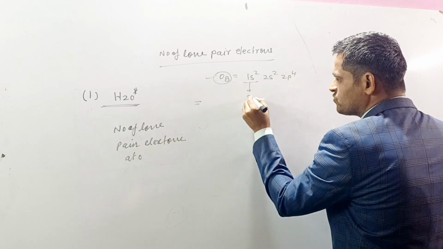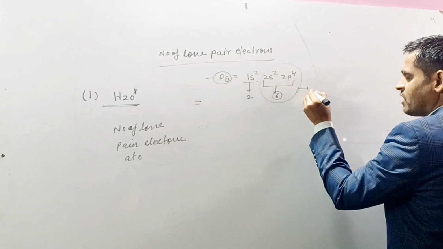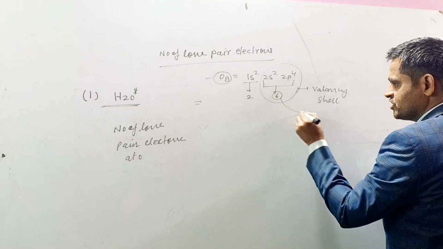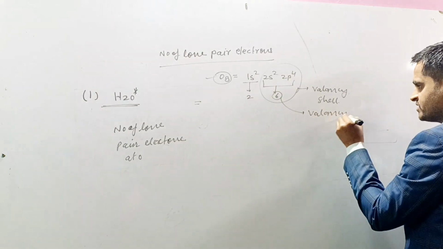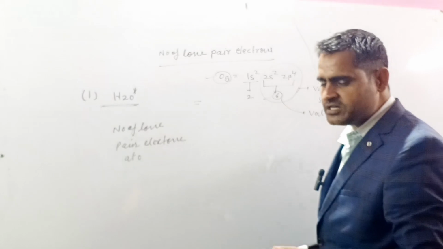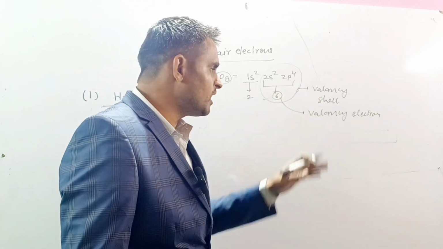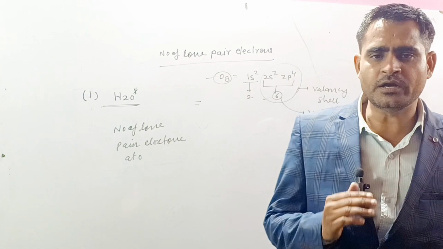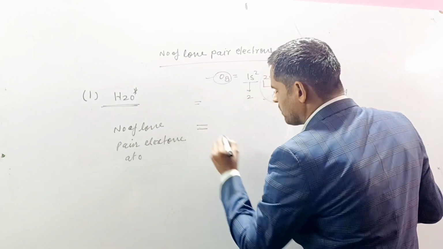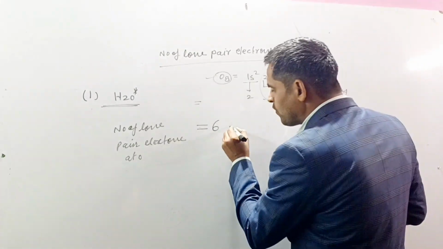The inner shell contains 2 electrons and the outer shell contains 6 electrons. The outer shell is also known as the valency shell, and these are valence electrons. They decide the valency of the atom and also participate in making bonds.